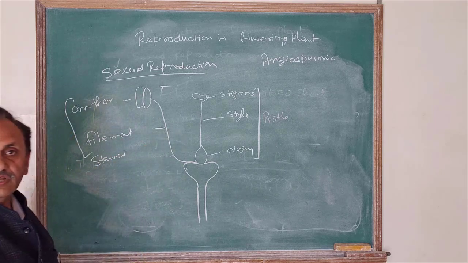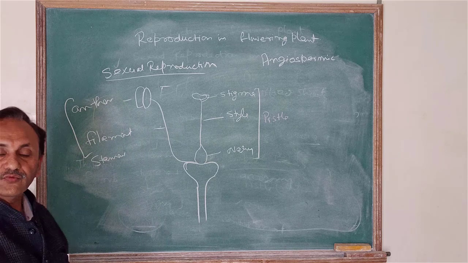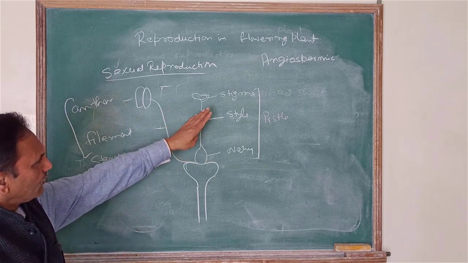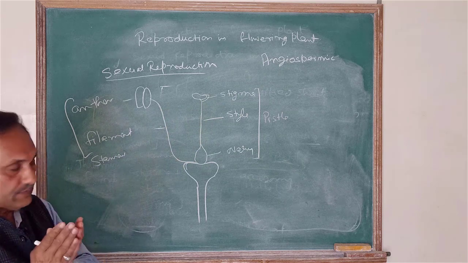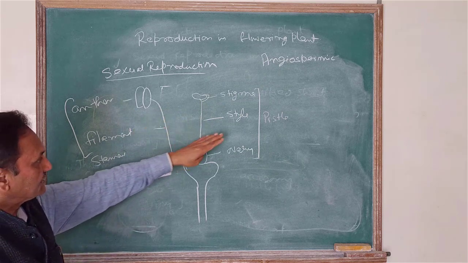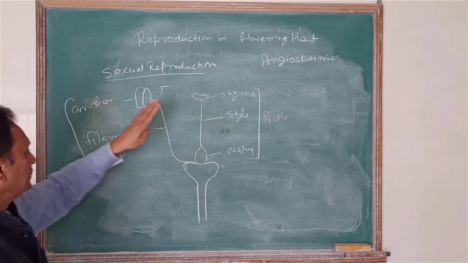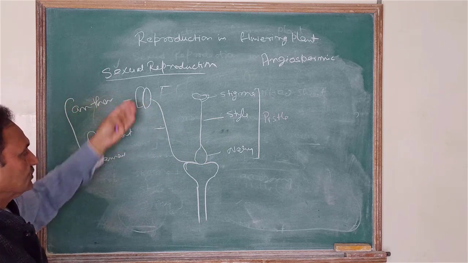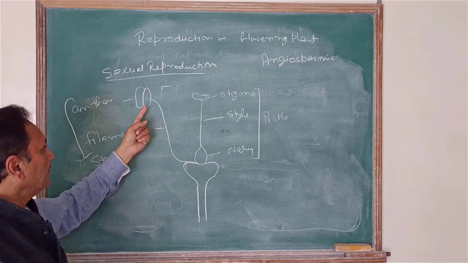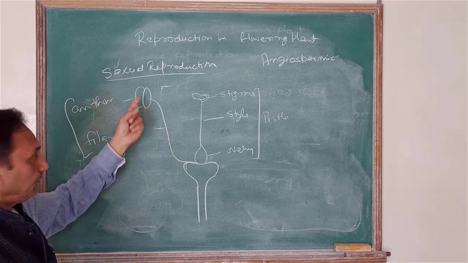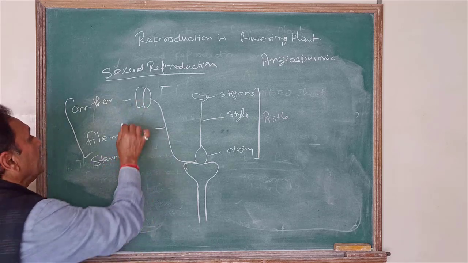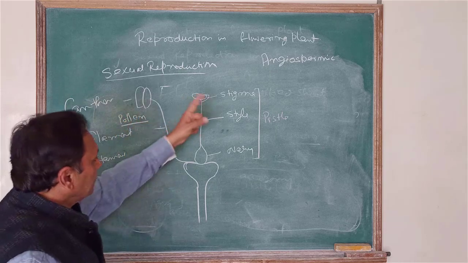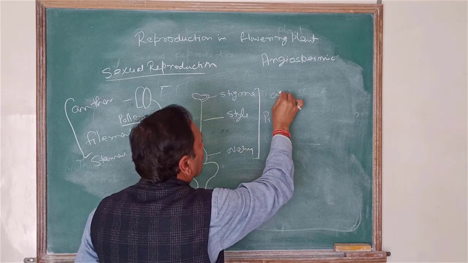Both are essential whorls because both are responsible for the formation of the gametes, female gametes or male gametes. Pistil forms female gametes, and the stamen is responsible for the formation of the male gamete. The male gamete is called pollen grain, and this part is called ovum.